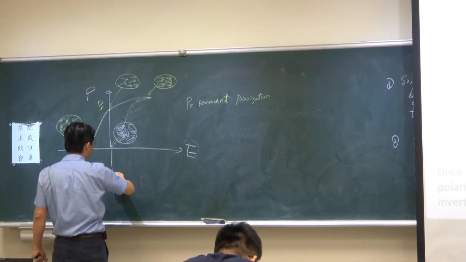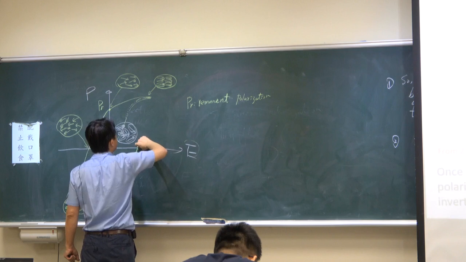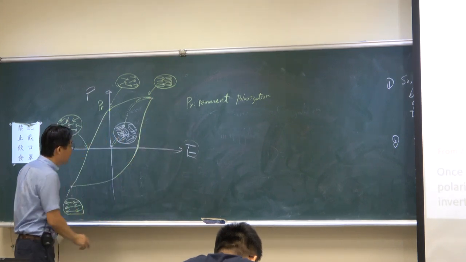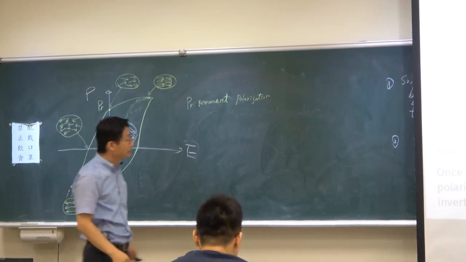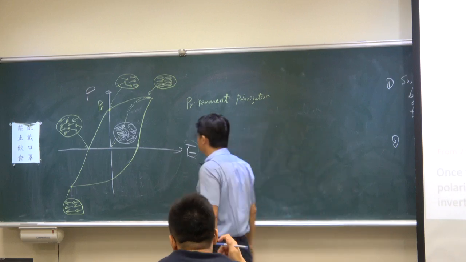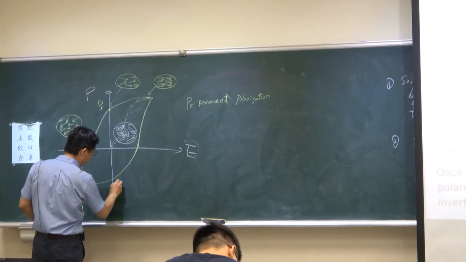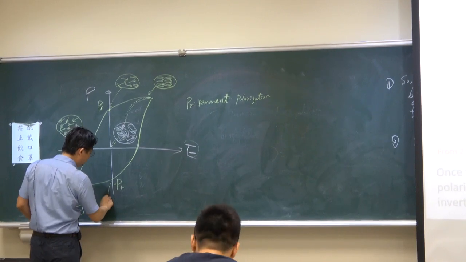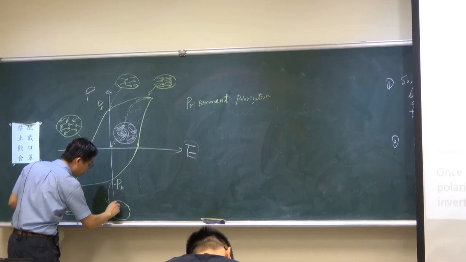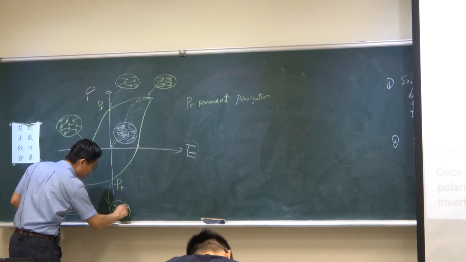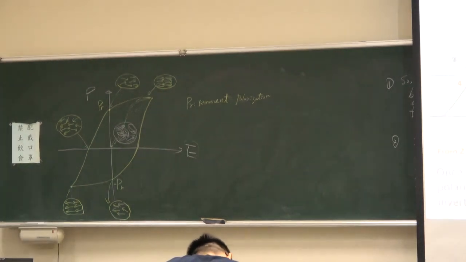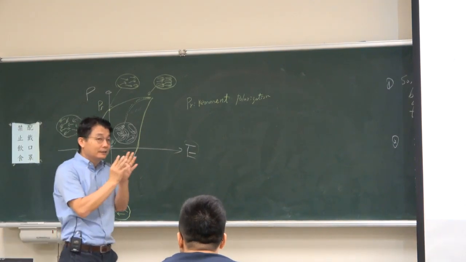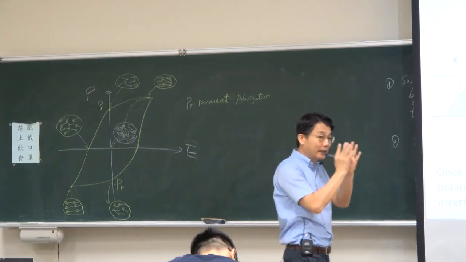Finally, you apply a positive bias, you will trend to here. So this is the negative PR. You still could see the polarization slightly change.